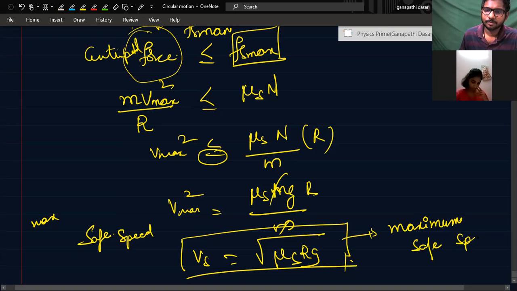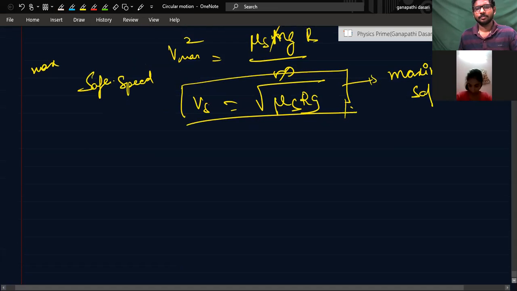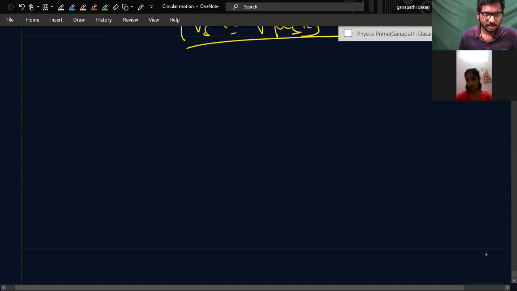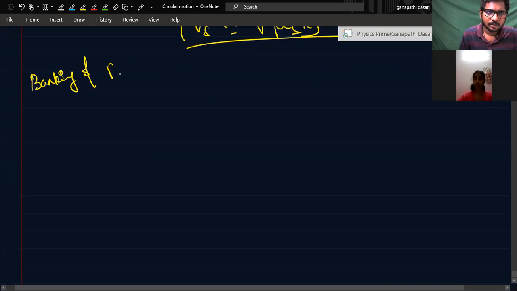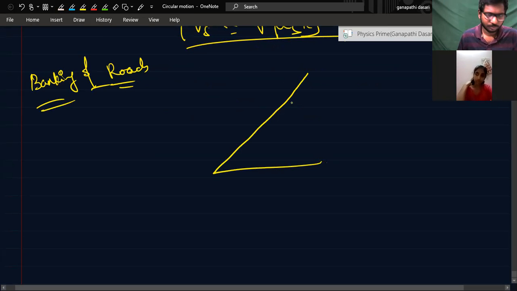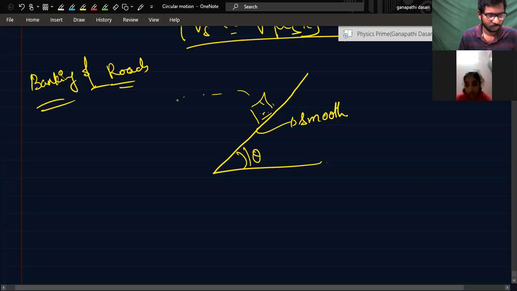Got it? Now if you see the banking of roads concept, first I will solve with a smooth road, okay? Then I'll introduce friction into the picture. Because if you see the cross section, it will be like this.